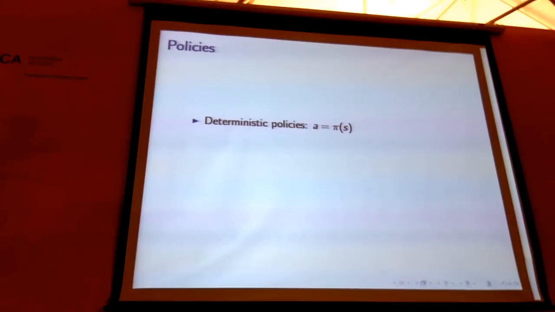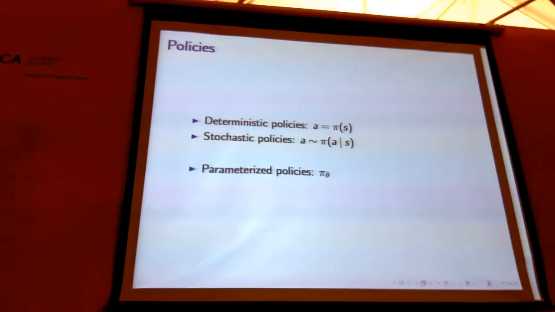The other thing that I'm going to need to define is the policy. There are two kinds of policies we care about. Deterministic policies, where the action is a deterministic function of the state, and stochastic policies, where the policy defines a conditional probability distribution over actions, so probability of action given state. The policy is going to be the thing that we optimize.